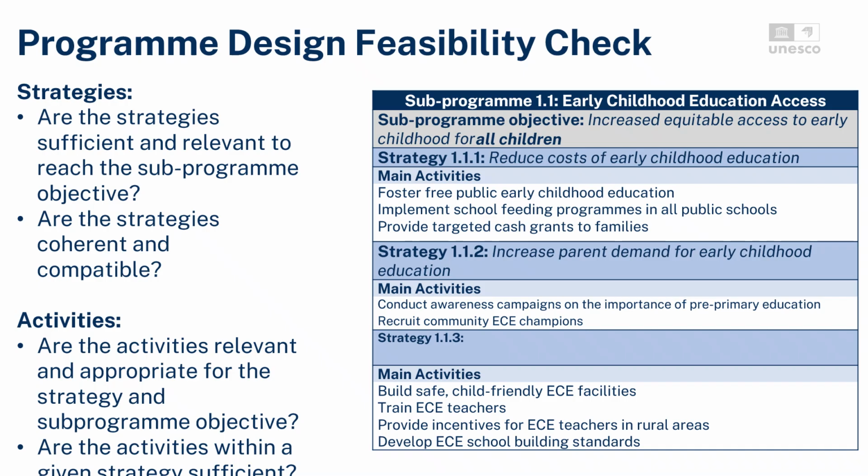Our data has shown us that girls and children with disabilities have particularly low enrollment rates in ECE, due in part to lack of gender and disability inclusive school infrastructure. We can therefore adjust strategy 1.1.3 to read, expand early childhood education programs that are gender sensitive and disability inclusive in rural areas.